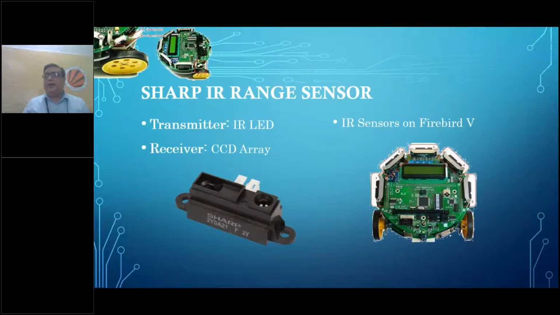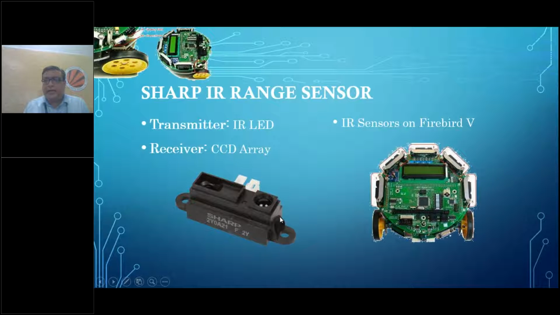So we start with the Sharp IR range sensor. IR means infrared. Here we are using infrared LEDs as the transmitter. You can see a picture of this IR sensor.